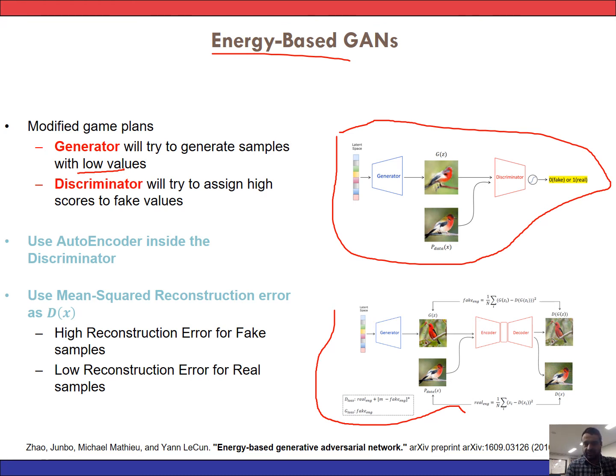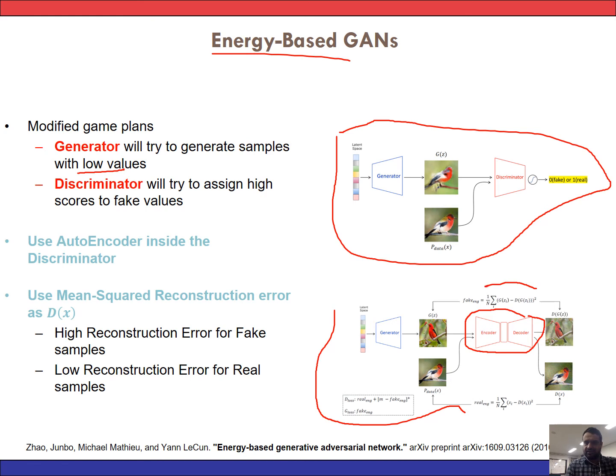So here we can see the modified energy-based GAN, and here they replaced the discriminator with an autoencoder. So for the discriminator, they are going to increase this loss function.